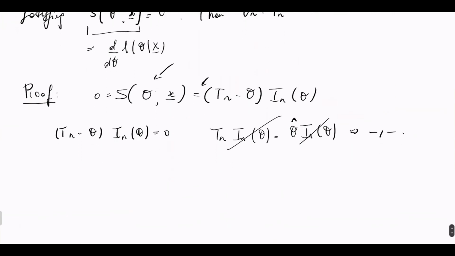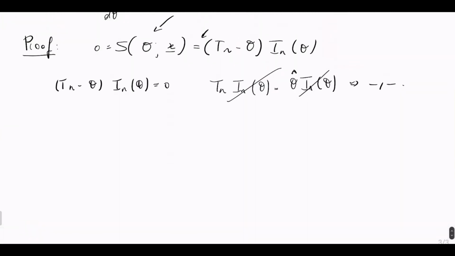So let's look at an example. Here, what we're considering is we take a random sample from a Poisson distribution.